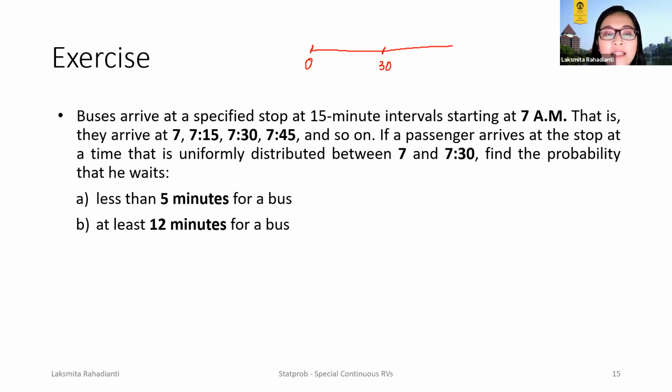I know that the arrival of a bus between 0 and 30 is uniform. It is uniformly distributed between 7 and 7:30, aka minute 0 and minute 30. So this is my alpha and my beta, my bottom limit and my top limit of when this uniform distribution is valid.